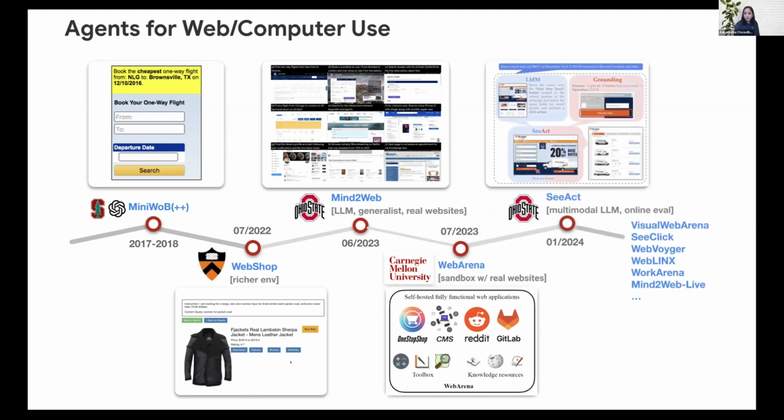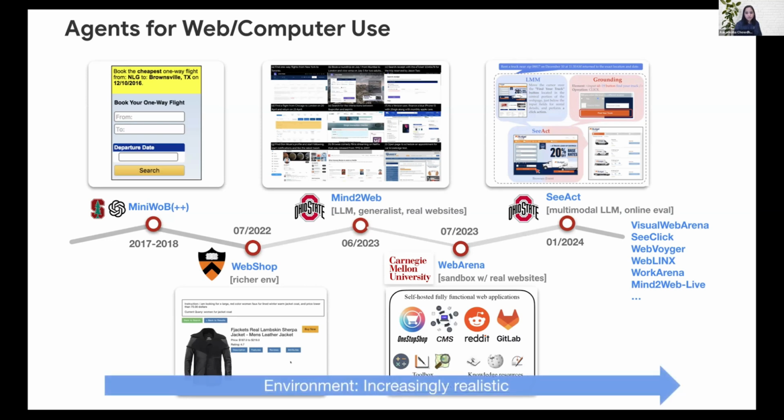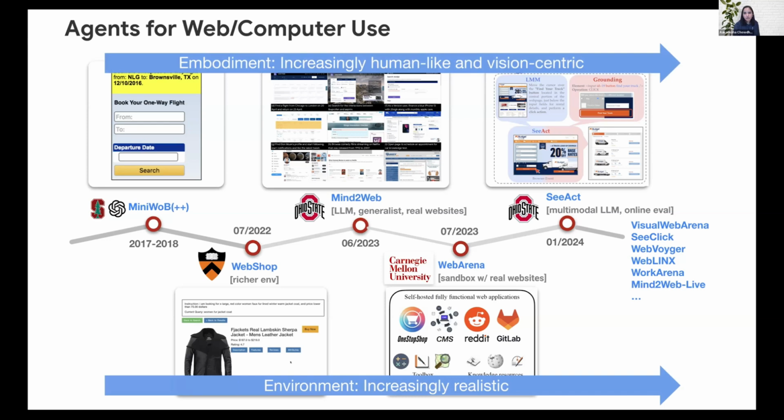And then there have been a sequence of benchmarks like Visual Web Arena, C-Click, Mind2Web Live, and so on. So it's an area which has a lot of different benchmarks over time, where the environment gets increasingly complex and realistic, as well as the requirement is that the model acts more human-like and is only using vision and no other tools for planning.